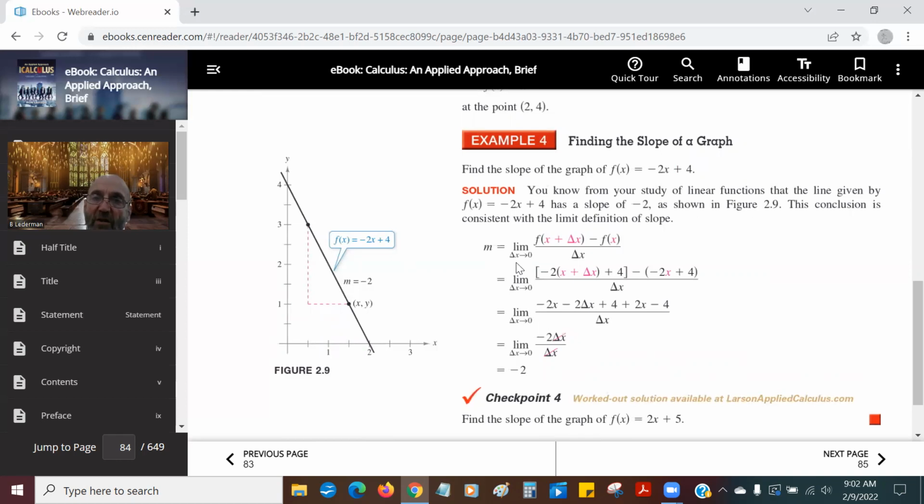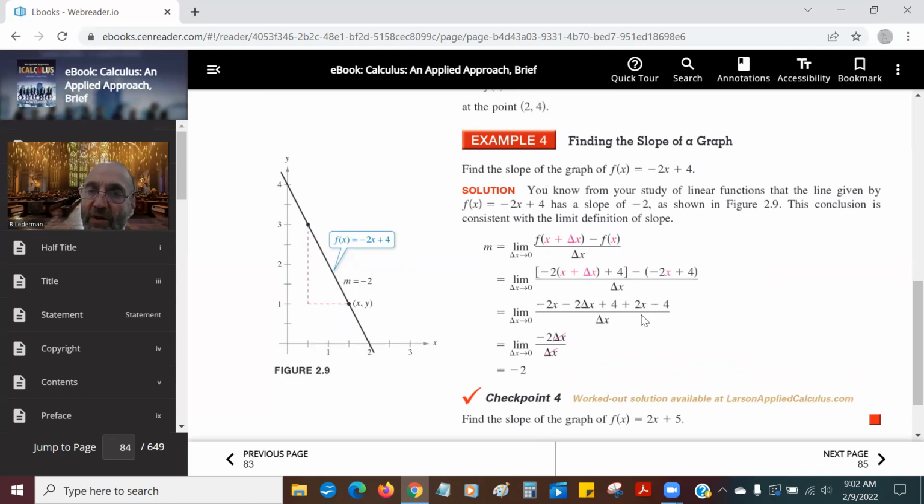So we want the limit as delta x goes to 0 of f of x plus delta x minus f of x. f of x plus delta x is -2 times (x plus delta x), because I substituted that in for x in the function, plus 4, minus (-2x plus 4). When you sort all this out, you get -2x minus 2 delta x plus 4 plus 2x minus 4.